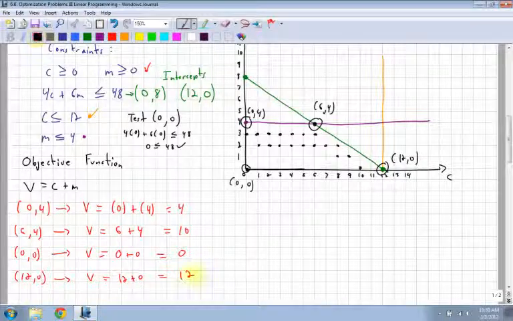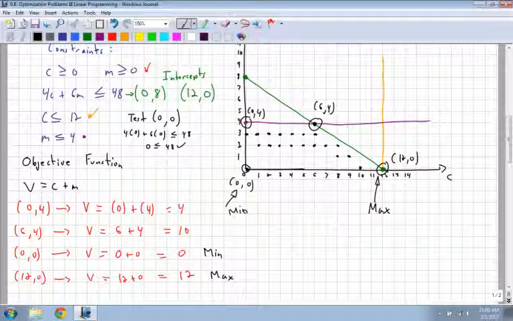So I can see right away my max and my min. My max point occurs at 12, 0, which is this one here. And my minimum point occurs at 0, 0, which is what I thought, this one down here.